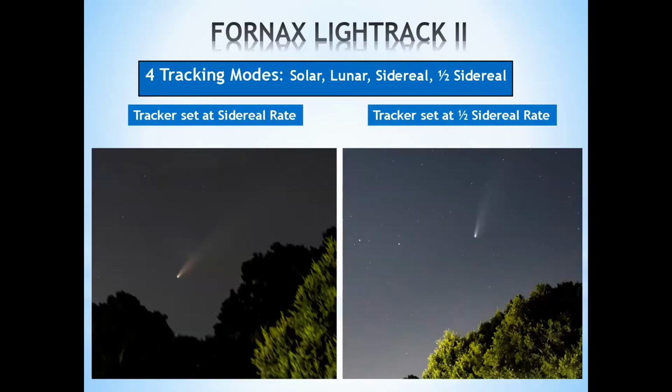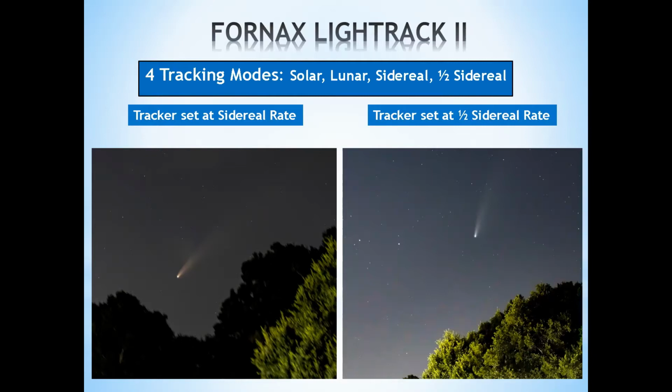So that tells you that the tracker is actually tracking the stars. The tracker has 4 tracking modes: tracks the sun, tracks the moon, sidereal is tracking the stars, and half sidereal, which is half the speed of tracking the stars. And why would we want half sidereal rate?